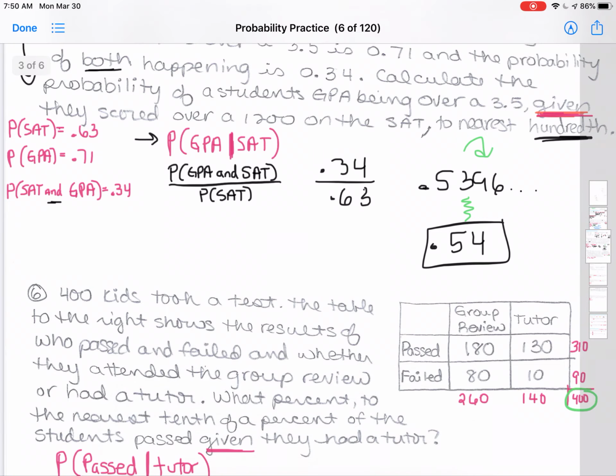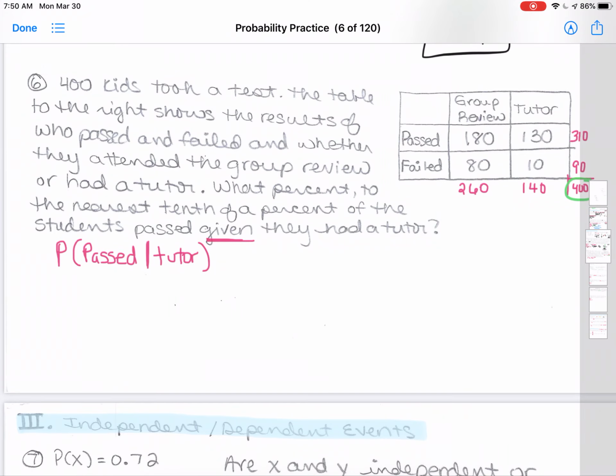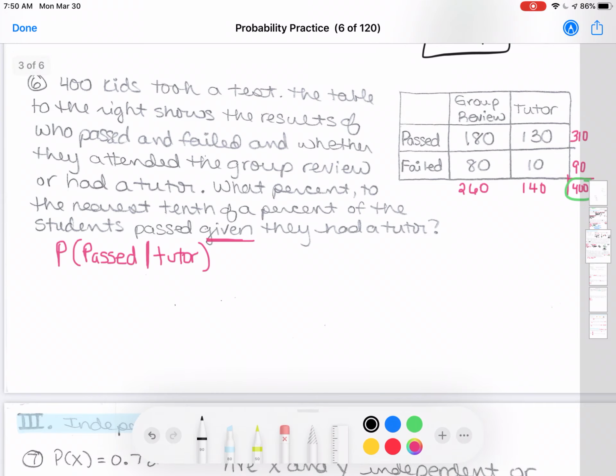Okay, let's try another conditional. They like to give conditionals with tables. So see here, you needed to add them up, going down, going across, get a total. And they're still going to ask me a conditional question again. So it says 400 kids took a test. The table to the right shows the results of who passed and failed, whether they attended the group review or had a tutor. What percent? All right, so now at the end I have to change this to a percent.